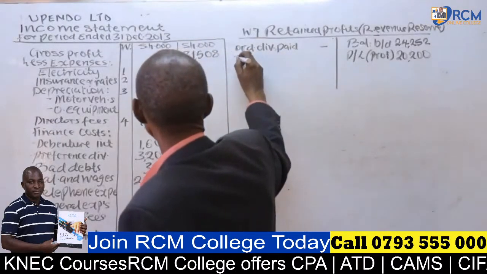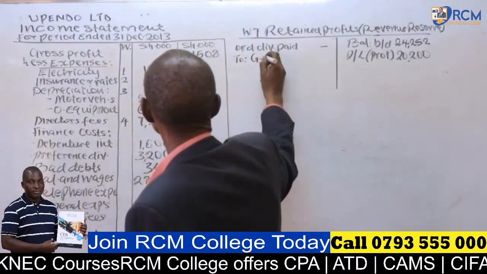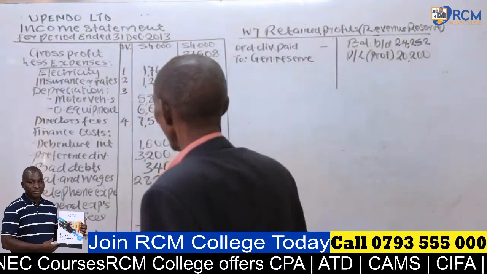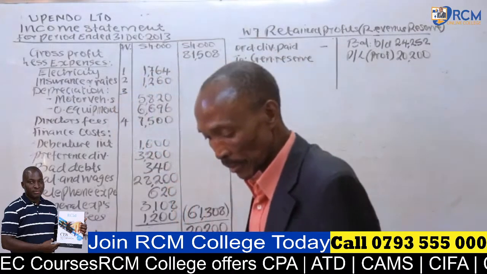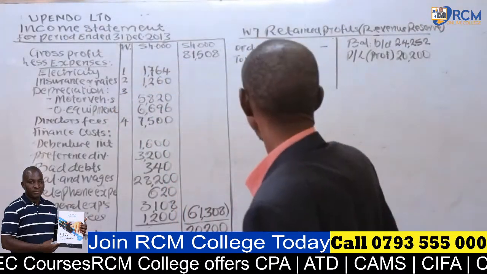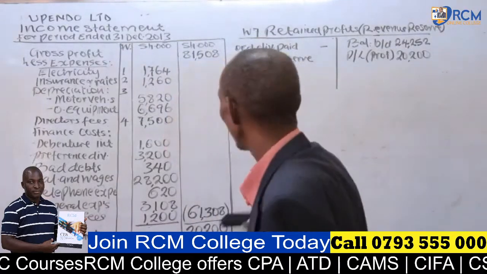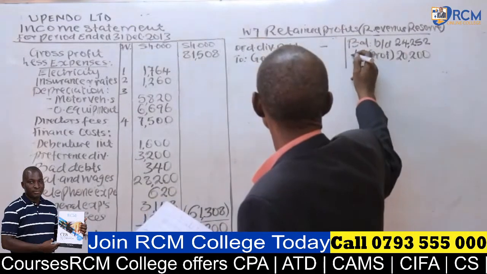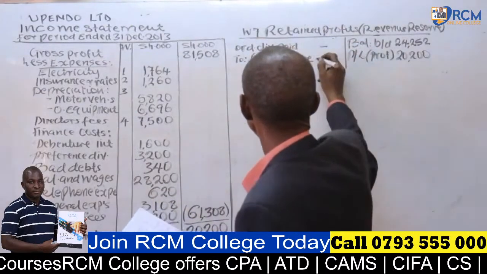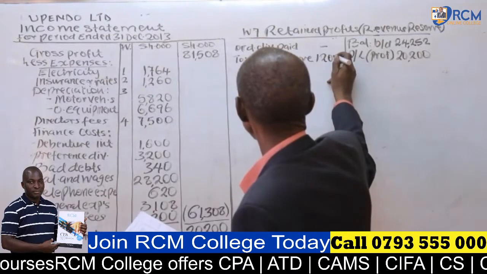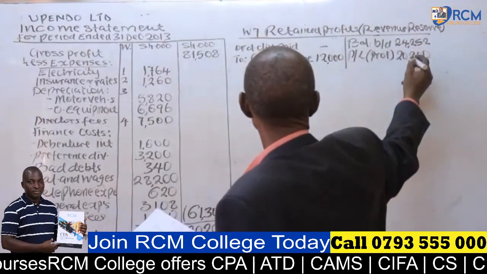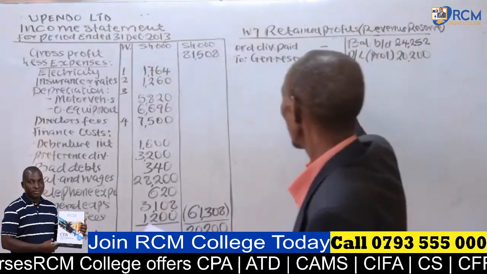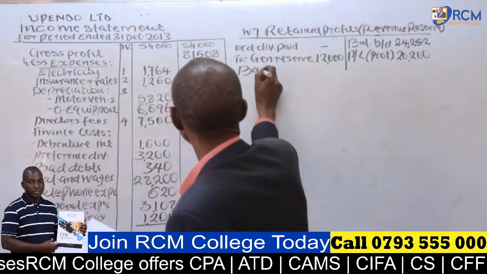Then there is an amount transferred to general reserve. We were told that at the end of the period, they will transfer 12 million to general reserve from this total profit available. And then of course, balance the account.